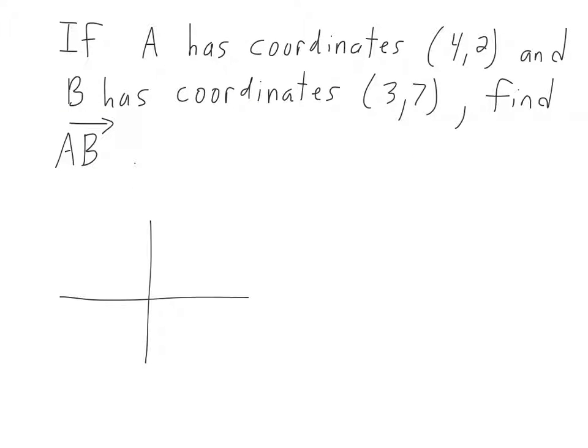All right, copy down this next example. We're given a couple points here, A and B, and the coordinates that go with those points, and we're looking to find vector AB. So geometrically, we've already done this. If we were to graph it, here is point A, 4, 2, and then point B would be a little bit inside that. Point B has coordinates 3, 7, and if we connect these with our vector from A to B, that's what it would look like.